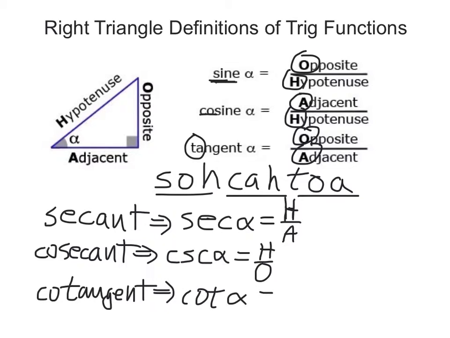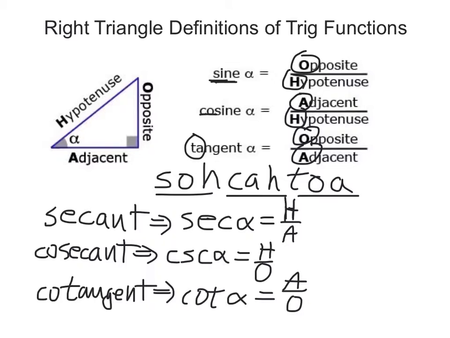Cotangent of alpha is defined as the adjacent over the opposite. So all of these trig functions are defined in terms of a ratio of the lengths of the sides of a right triangle.